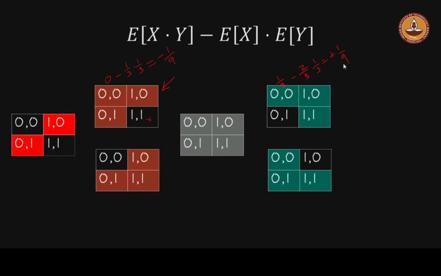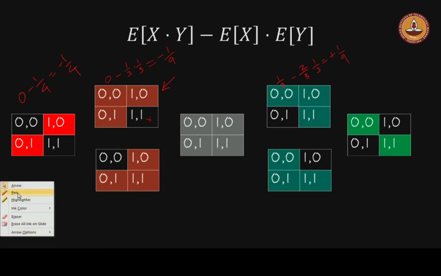What do you think will be the case over here? Well, E of x y in this case is 0 minus 1/4. Here, if you work it out, what is E of x times y?